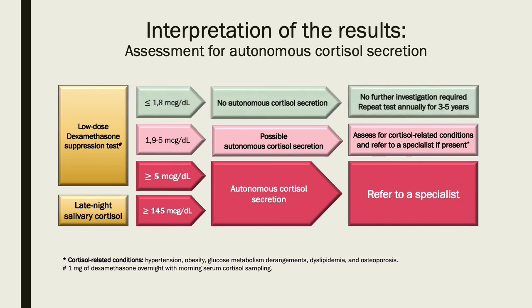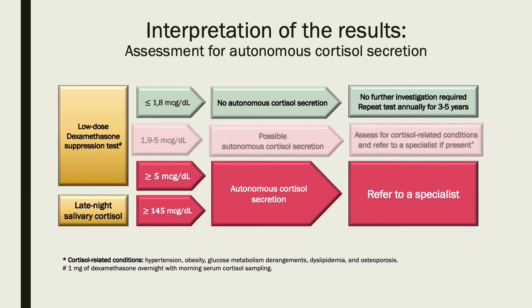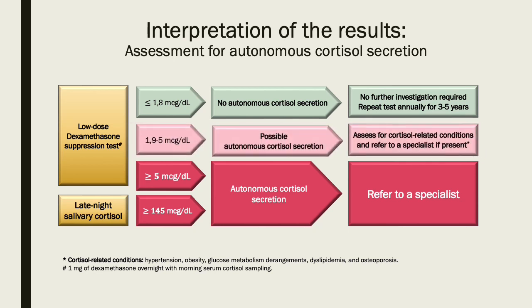Apparent cortisol excess is securely excluded with a morning cortisol level of less than 1.8 micrograms per deciliter in a low-dose dexamethasone suppression test. These results should be confirmed with an additional assay, usually assigned by an endocrinologist. The cases with cortisol levels in between should be further investigated by endocrinologists.